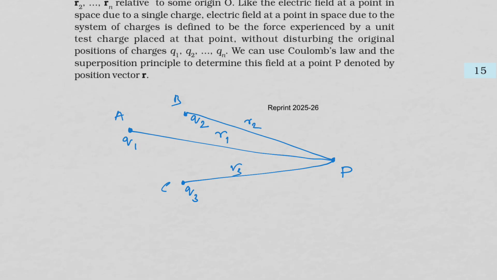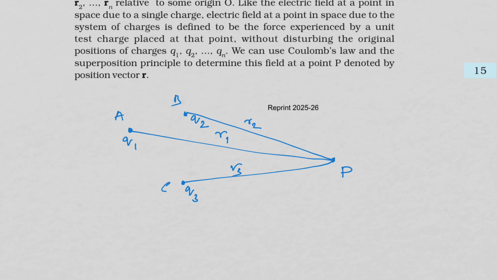So at P, the electric field due to all these charges is actually the vector sum of the individual electric fields. We did this when we were dealing with force as well, and that was called the superposition principle, if you remember.